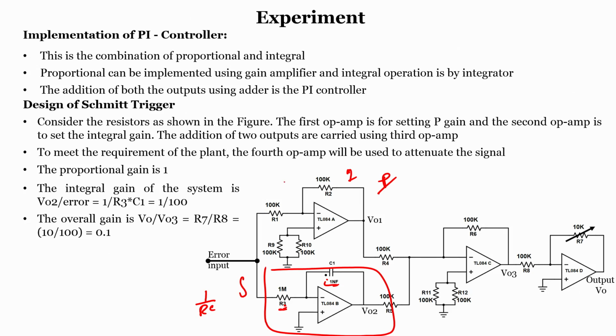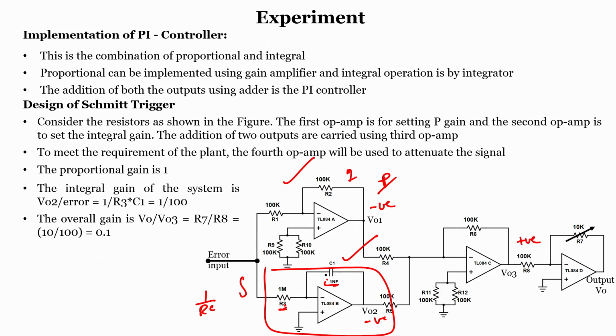So I have implemented the proportional controller using an operational amplifier. Implementation of the integrator using an operational amplifier is done, but the PI controller is the addition of P and I, so we need an adder. This will have a negative phase shift, this will also have a negative phase shift, so no problem. I am taking a negative adder, so the output will be positive.